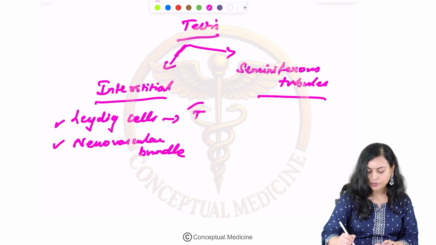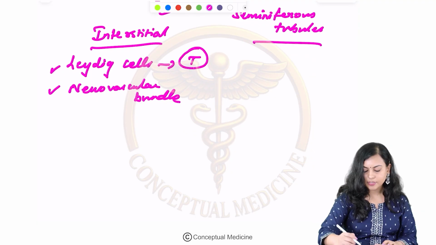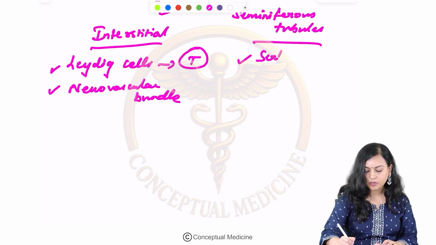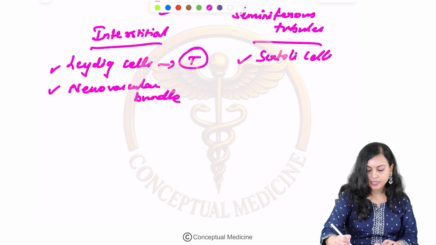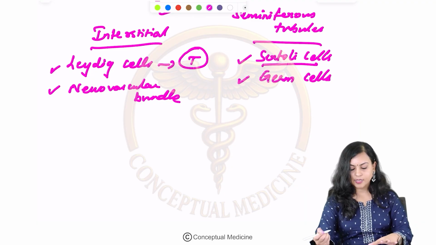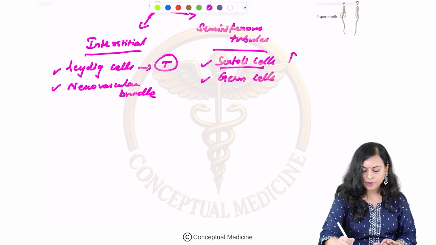Leydig cells produce testosterone, and in the seminiferous tubules we have Sertoli cells and the germ cells. Okay, Sertoli cells are the supporting cells which form the blood testis barrier. Right?